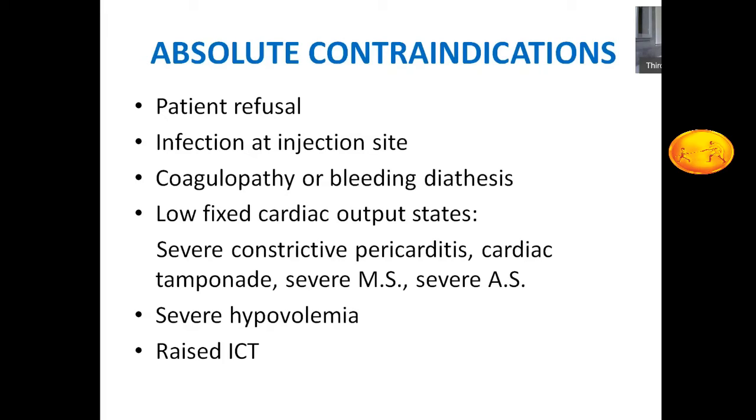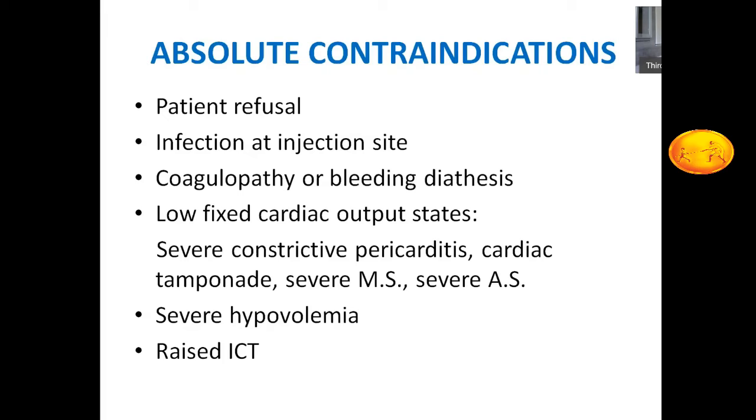So in all these conditions where the heart cannot compensate for a little decrease in blood pressure, this is an absolute contraindication for the spinal. Similarly, severe hypovolemia, again because of the hypotension, is also an absolute contraindication. Raised intracranial tension, as we are doing the LP, that is lumbar puncture.